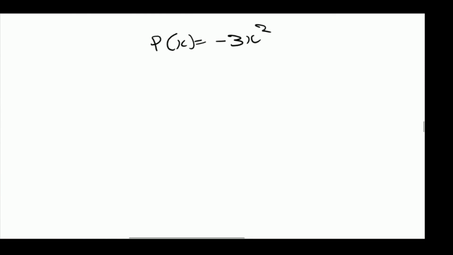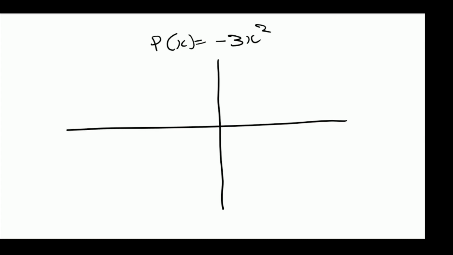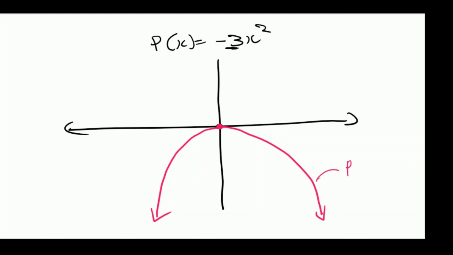So if we were to draw this function, it's going to look like this. Because our a value is negative, it means now that our function will face down. This is a parabola, by the way, so it's going to face down like that. So this is p of x.